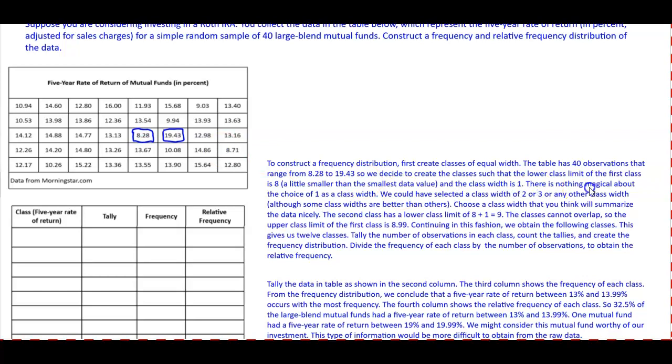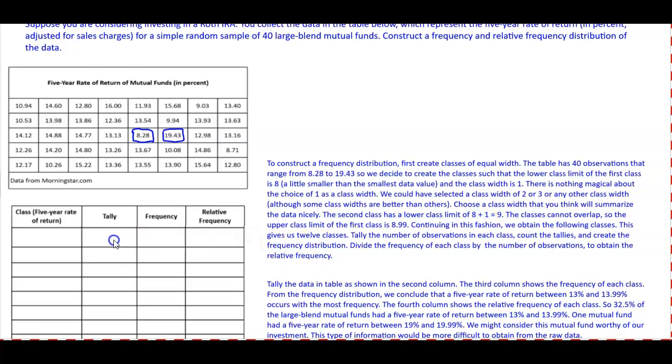Now, there is nothing magical about the choice of 1 as a class width. We could have selected a class width of 2 or 3 or any other class width, although some class widths are better than others. We're going to choose a class width that we think will summarize the data nicely. So the second class has a lower class limit of 8 plus 1, which is equal to 9.